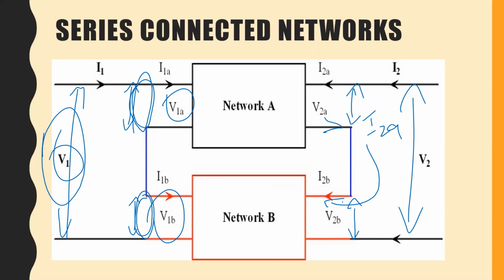That's what I'm trying to. Would the voltage drops V1A and V1B be equal to the sum of them? Would the sum of them be equal to V1? Yes. Okay. I thought they were all the same thing a while ago. All right, thanks, sir. Okay.